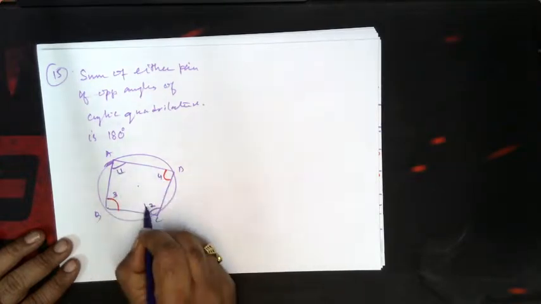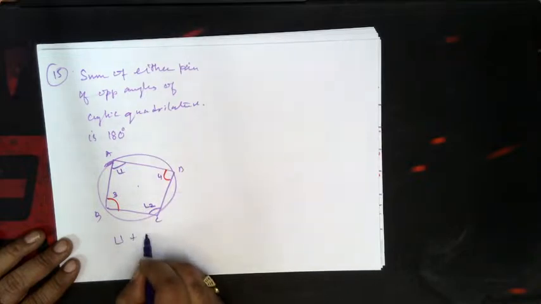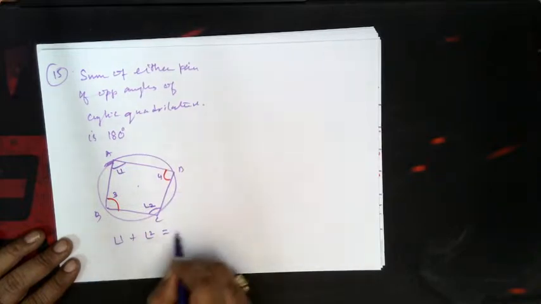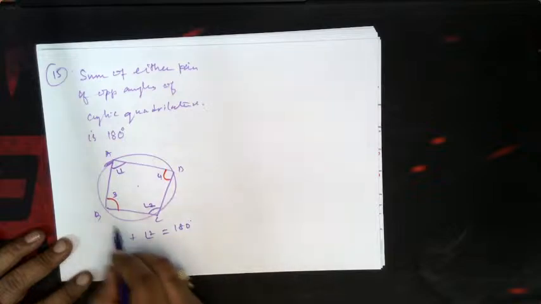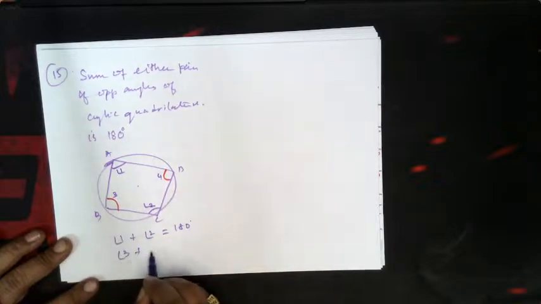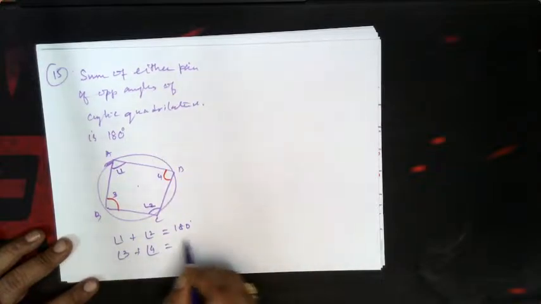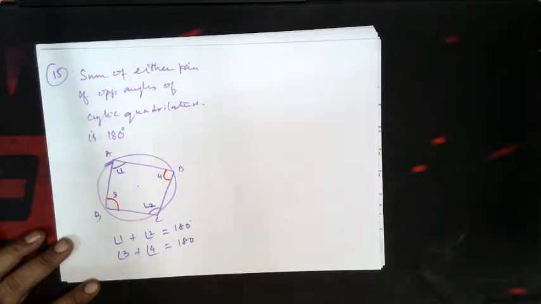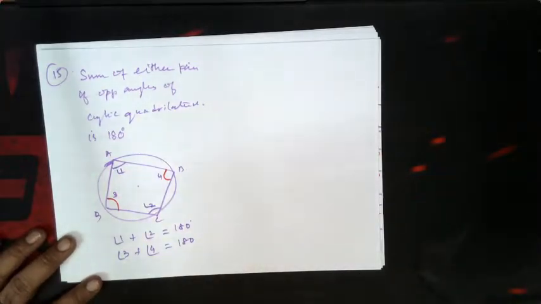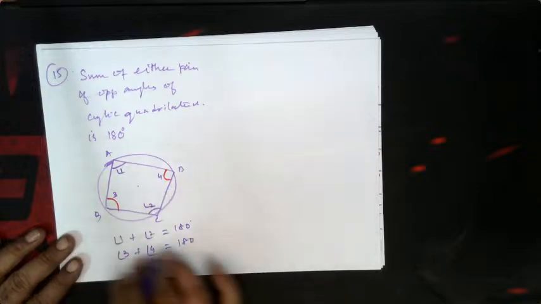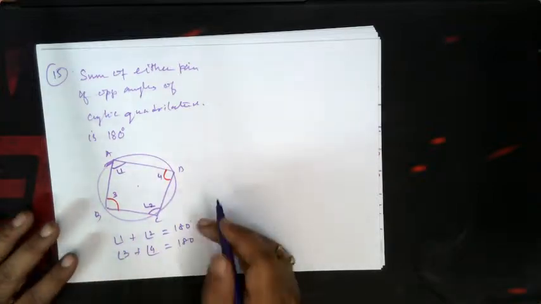So angle 1 plus angle 2 is equal to 180 degrees. Similarly, angle 3 plus angle 4 is 180 degrees. So the sum of all these angles will result in 360 degrees, is it not?